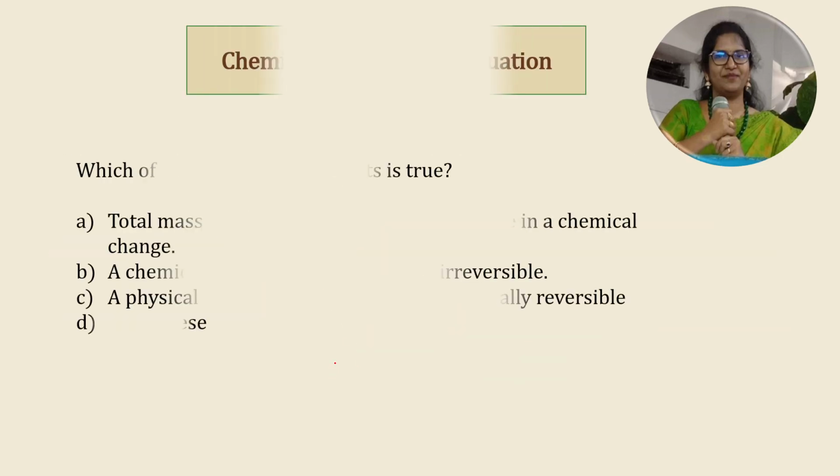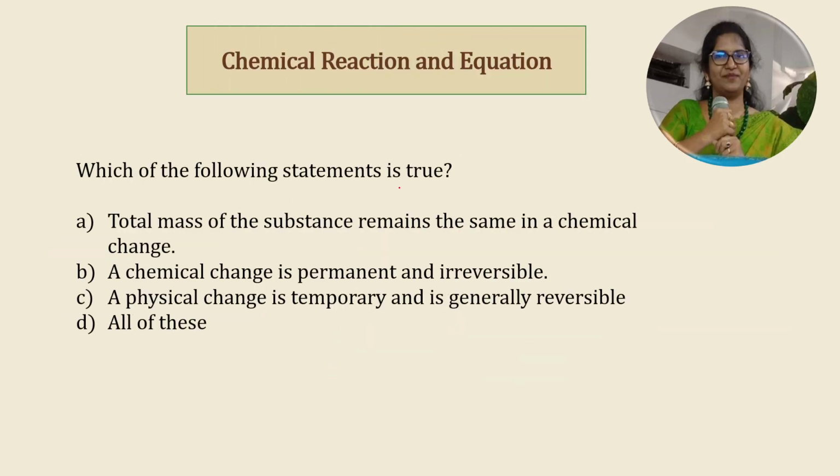Okay, so the next question: which of the following statements is true? Total mass of the substance remains the same in a chemical reaction. In the reactants, whatever mass is there, when it converts to products it will have the same mass. So this is correct. A chemical change is permanent and irreversible. Obviously it's correct, because in a chemical change a new substance is formed, and that new substance cannot go backward and form the reactants.